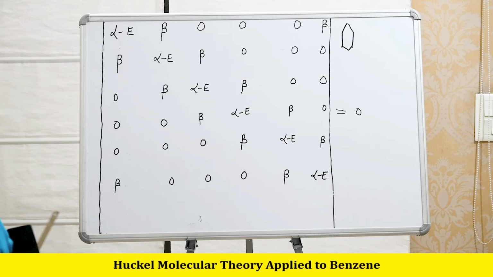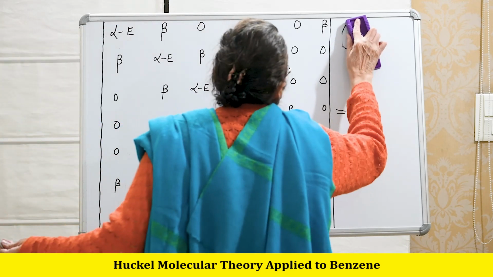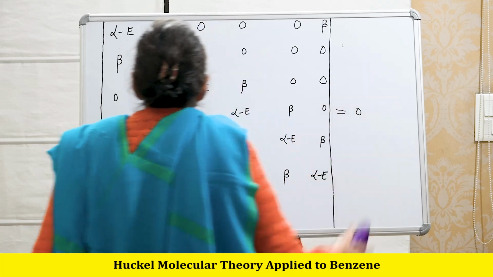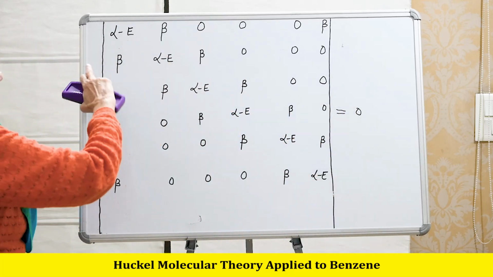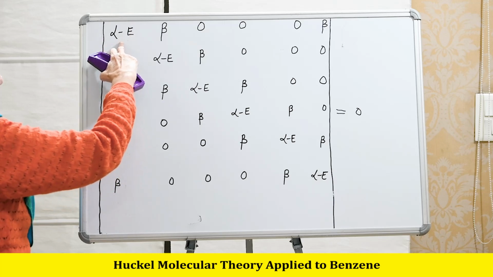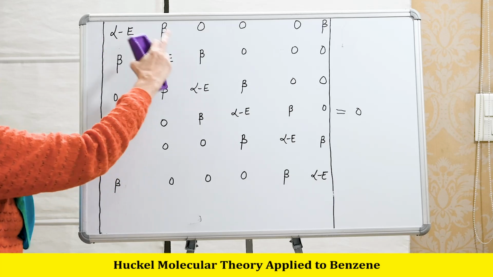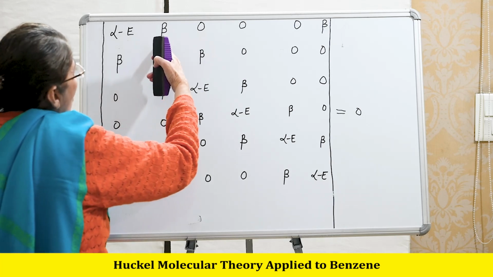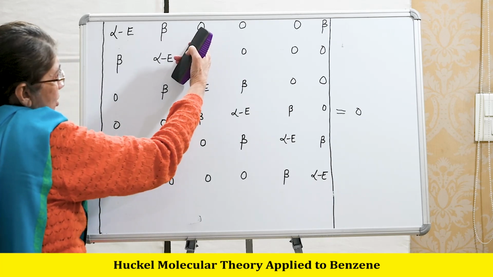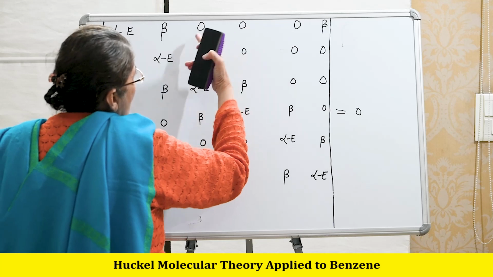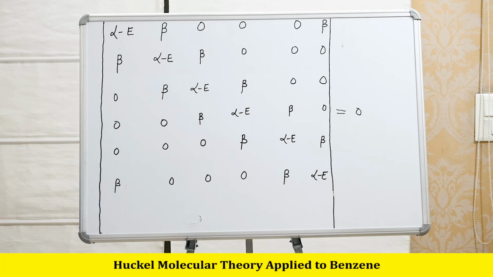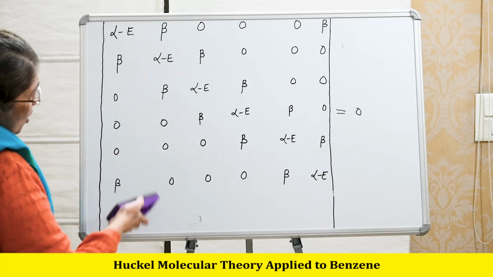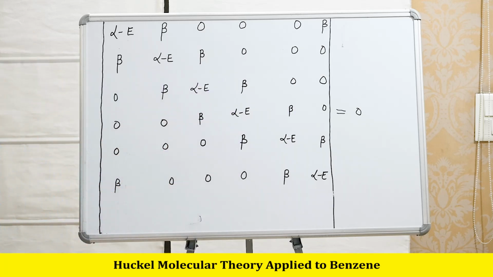I have written alpha minus E, beta, 0, 0, 0, and then the second row, beta, alpha minus E. This will be 1 2, this will be 1 3, this will be 1 4, not bonded, not bonded, not bonded, and 1 6 bonded, so it is beta. In a similar way we have written this full determinant, so you can go through it.